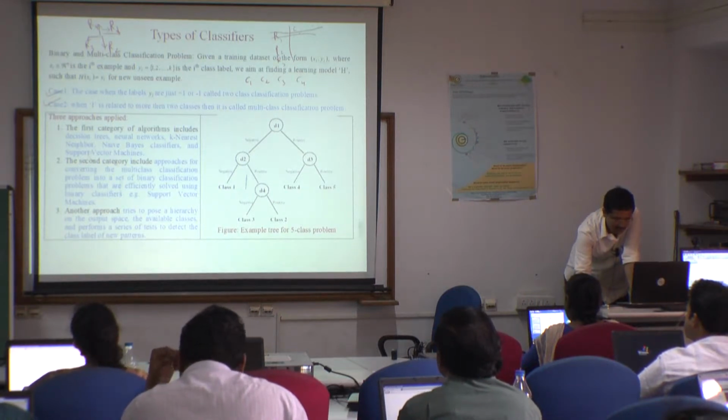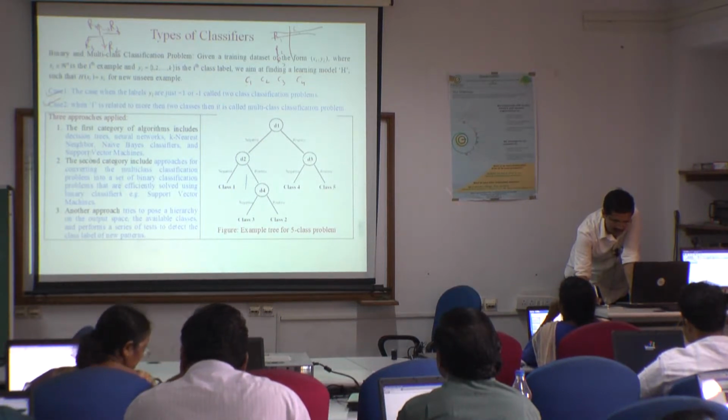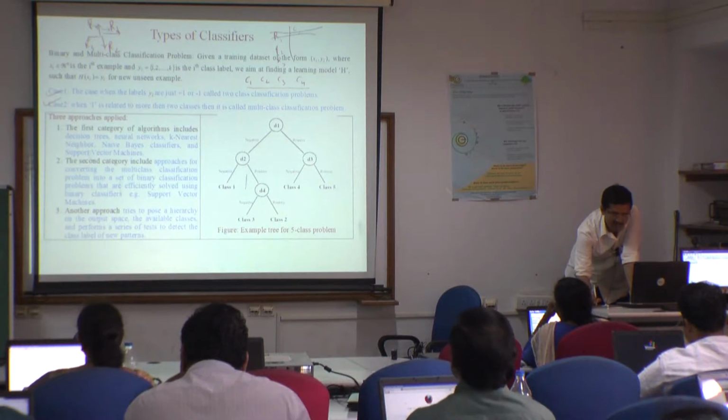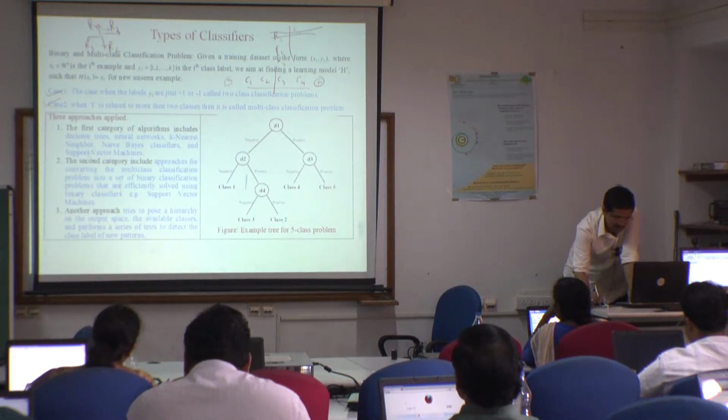Then one to all means you divide the entire set of classes into two parts, positive and negative. This is the division. This will go to the positive side, this will go to the negative side.